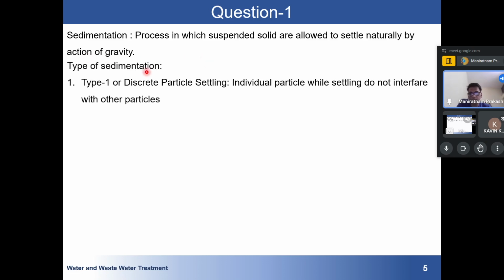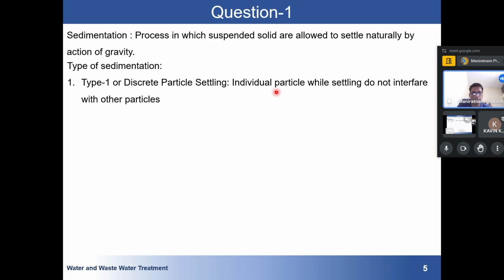So the second question is, are there different types of sedimentation? Yes, there are different types of sedimentation, depending upon where particles are getting settled. Currently we are looking at the primary sedimentation tank, where individual particles settle down without interfering with other particles.